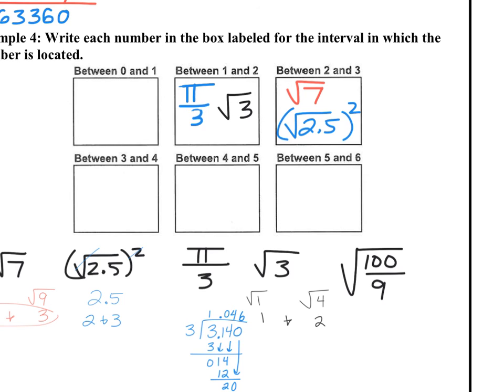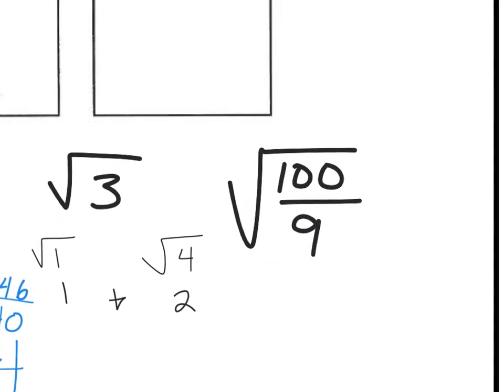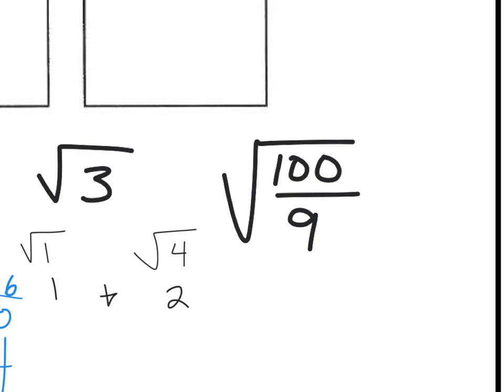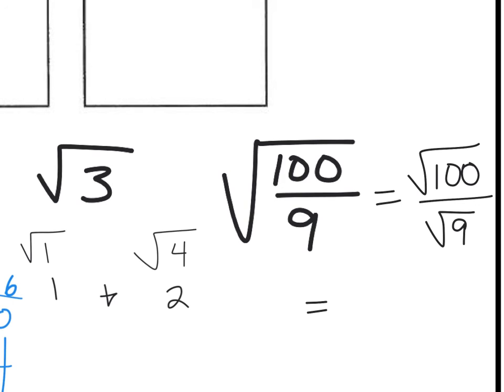And then the last one. If I'm doing the square root of 100 divided by 9, I can split that up into the square root of 100 divided by the square root of 9. What's the square root of 100? 10. What's the square root of 9? 3. So you get 10/3.